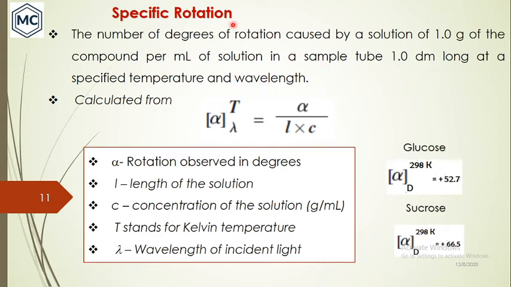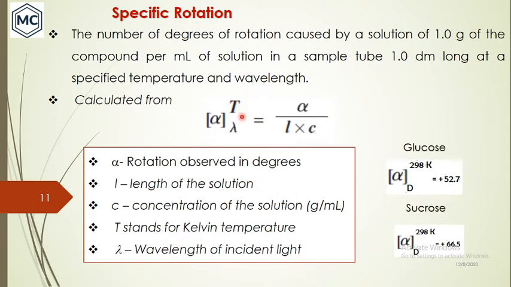This is the definition of specific rotation, and it is calculated from this formula. Here alpha means the rotation observed in degrees, L means the length of the tube, and C means the concentration of the solution.